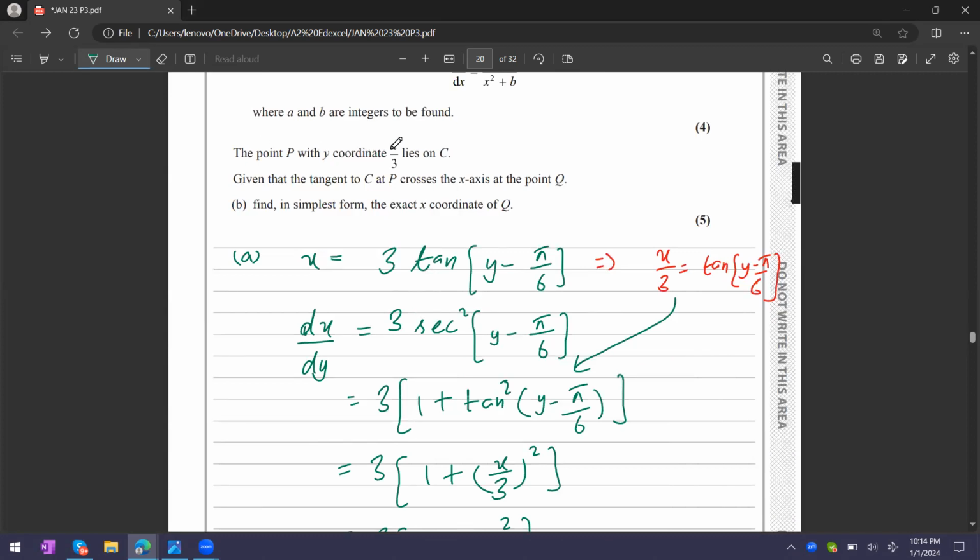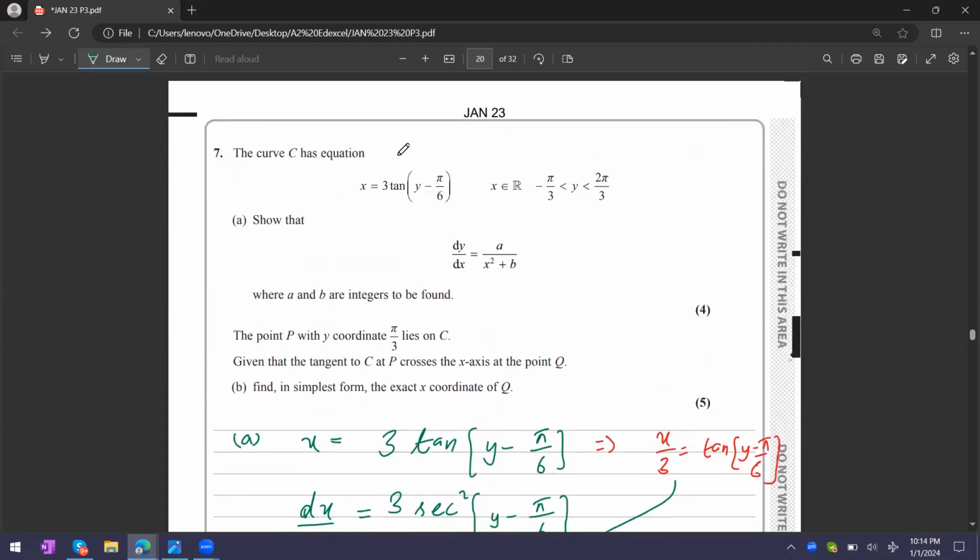The point P with y coordinate pi by 3 lies on C. So this is the value of y. We can find x also using x is equal to 3 tan of y minus pi by 6.